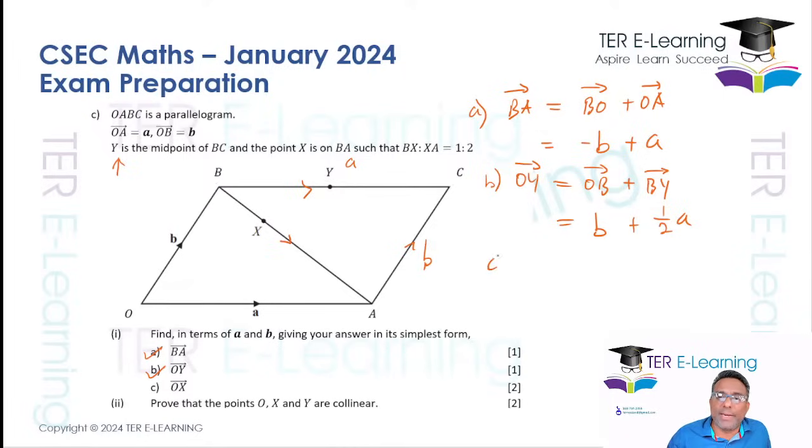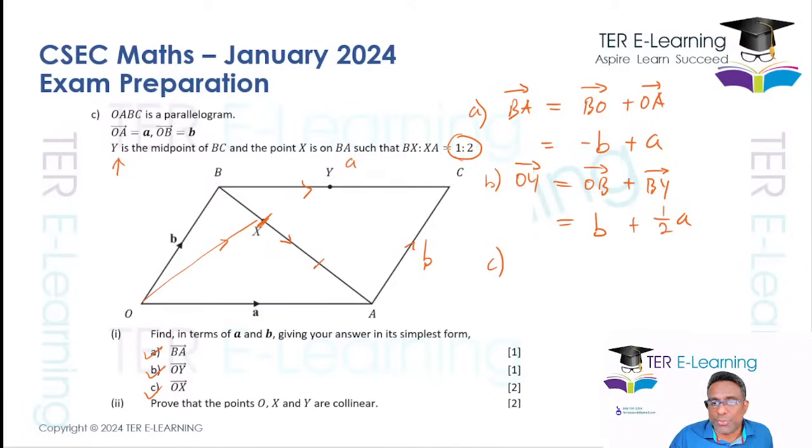And then the last part here, part C, you want to get the vector OX. So that's this vector here, right? Now that one is a little trickier. Whenever you are dividing a line in a ratio, in this case 1 to 2, right? It means that this here can be broken up into 3 equal parts, right? So the line AB is broken up into 3 equal parts because of this ratio here.